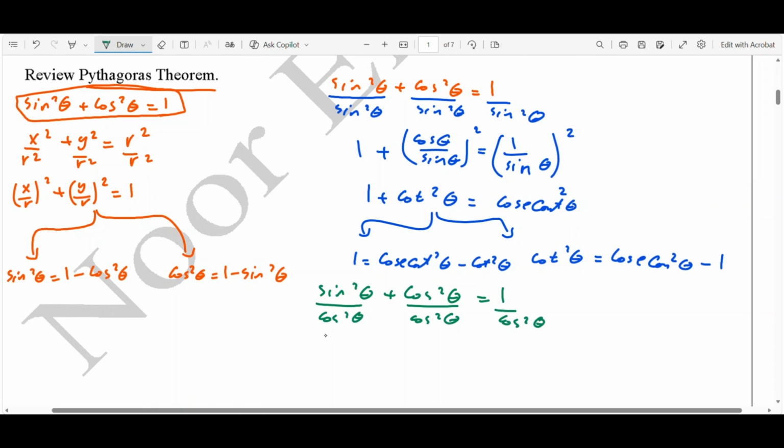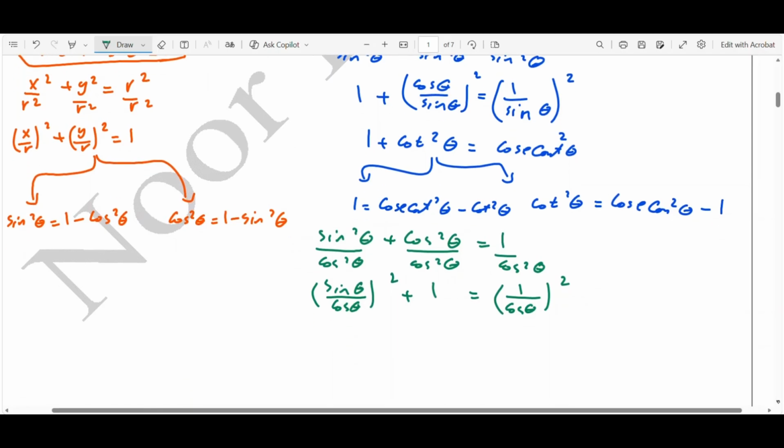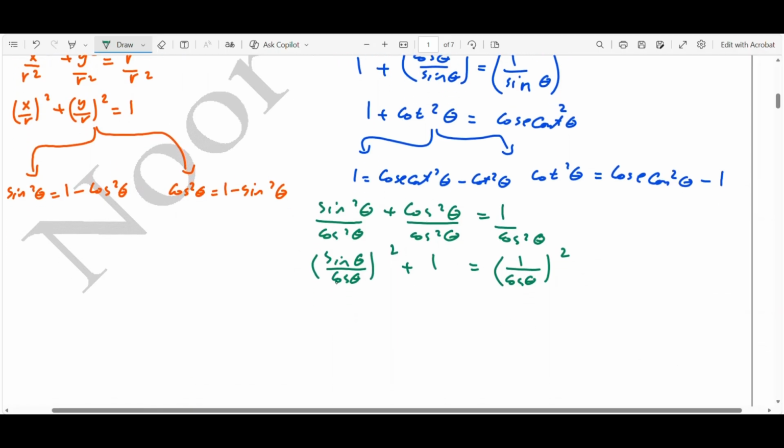So sine theta over cosine theta, all of it squared, plus 1 equals 1 over cos theta, all of it squared. Sine over cosine will be tan. So tan squared theta plus 1 equals 1 over cosine, it's secant squared theta. Tan squared plus 1 equals secant squared.